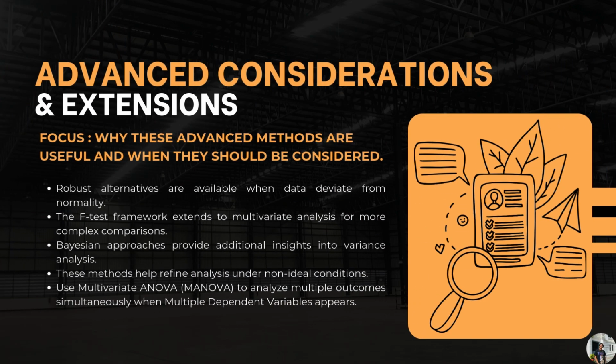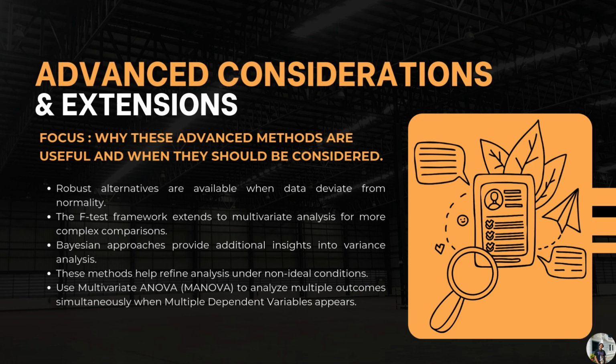Here are some advanced considerations and when they should be considered. First is robust alternatives. When assumptions like normality fail, consider using robust methods such as Welch's ANOVA or non-parametric tests. Second is multivariable extensions.